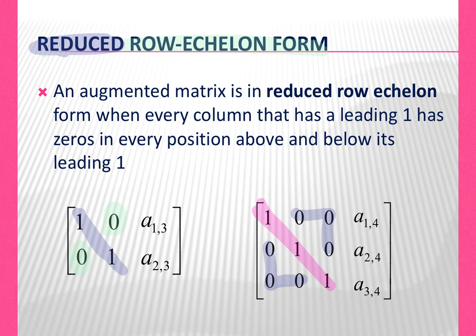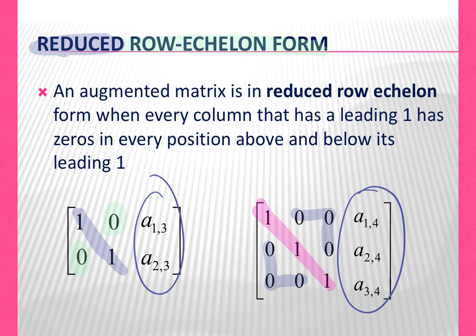The only non-1 or 0 numbers are the last column, which is actually your constants. So we're baby stepping our way into using these to solve systems. But know the difference between row echelon form and reduced row echelon form. Reduced is the 0s above and below.